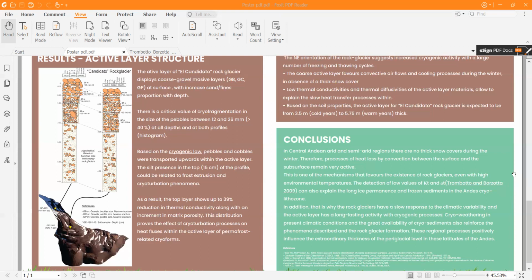Cryoweathering in present climatic conditions and cryosediments also reinforce the phenomena described before under rock glacier formation. These regional processes positively influence the extraordinary thickness of the periglacial level in these latitudes of the Andes.